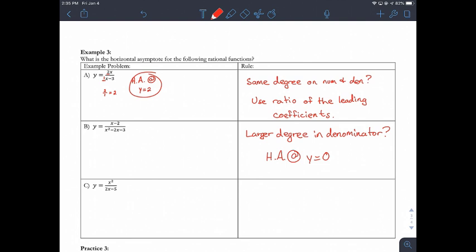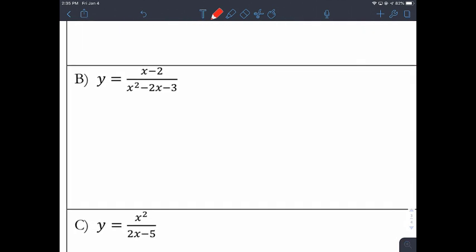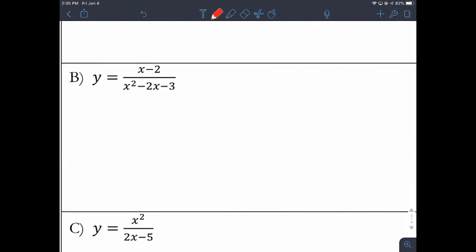Always, 100% of the time. So here, the leading exponent is larger on the bottom, so my horizontal asymptote is at y equals 0. I don't have to think about it. The exponent on the bottom is larger, so it's always going to be y equals 0. 100% of the time. Never changes.